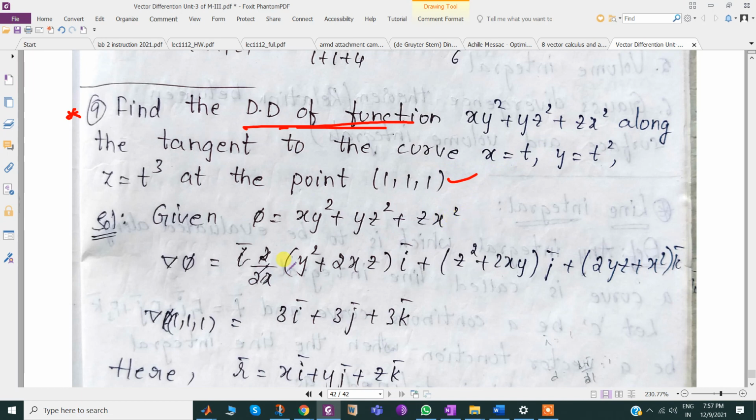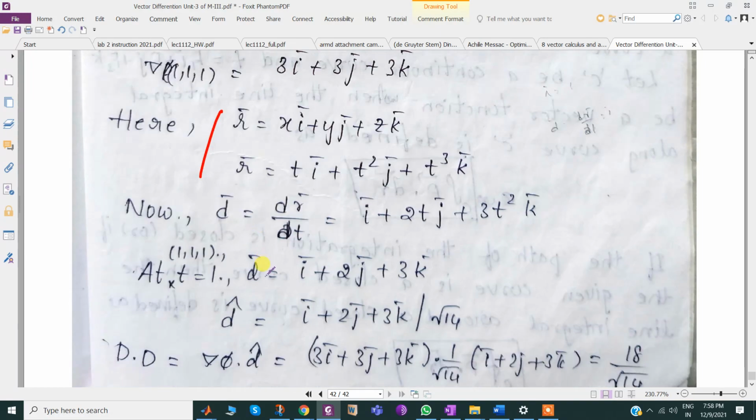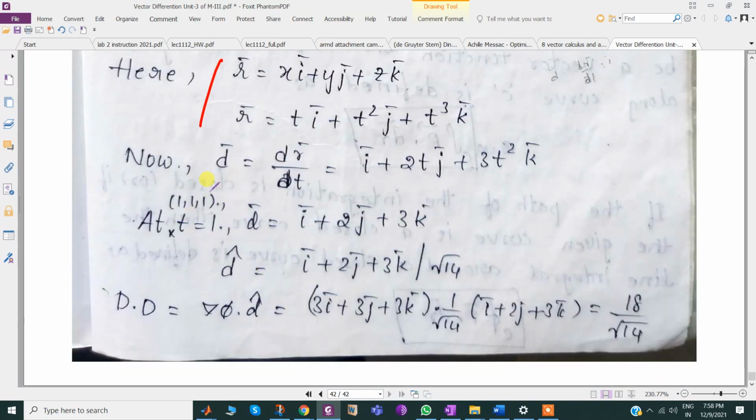So the direction derivative means del phi at P dot r bar. Del phi is equal to y square minus 2xz i bar plus z square minus 2xy j bar plus 2yz plus x square k bar. After that, substituting the functional value 3, then here r bar is known, that is dr bar by dt.